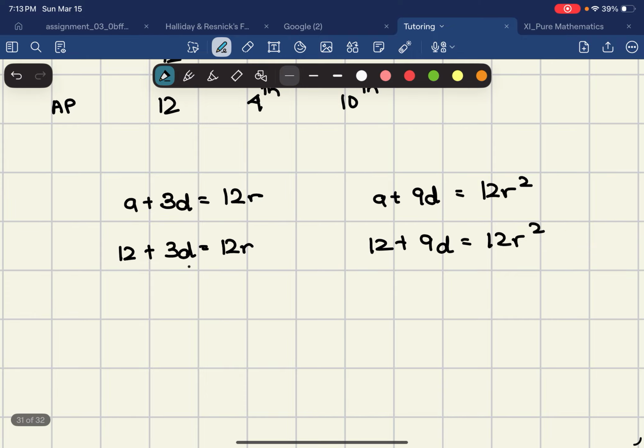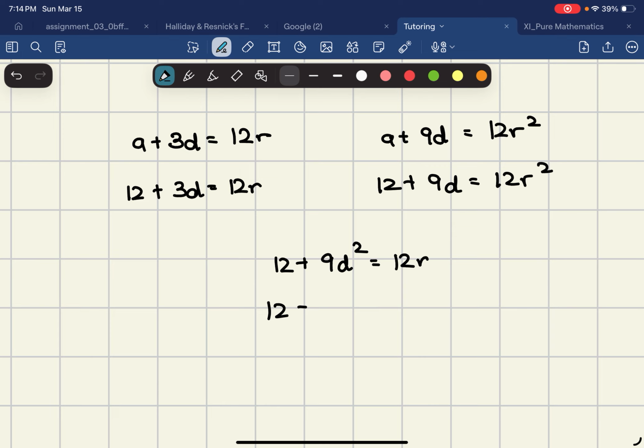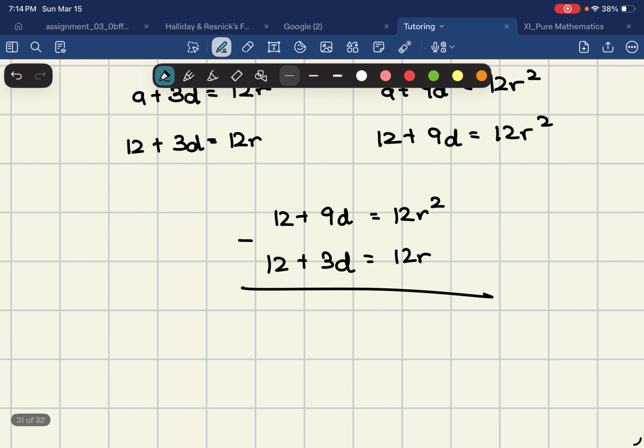So now, if I compare, right? 12 plus 9d is equal to 12r squared, and 12 plus 3d is just 12r. So if I subtract both sides, I get 12 minus 12, that collapses to 0. 9d minus 3d, that is 6d, is equal to 12r squared minus 12r.